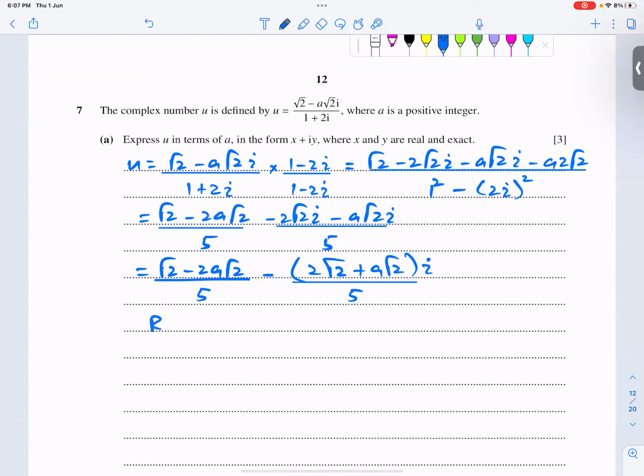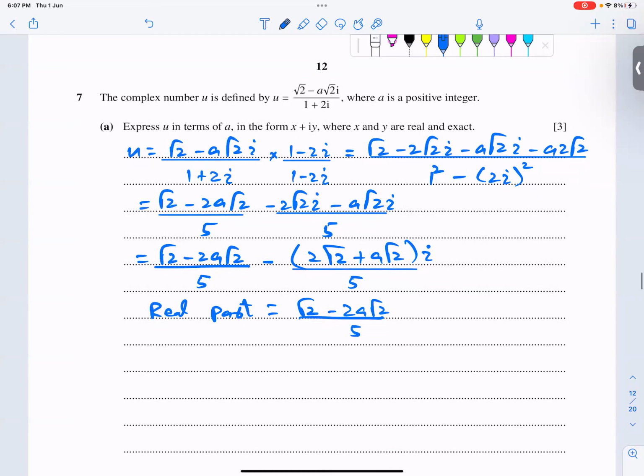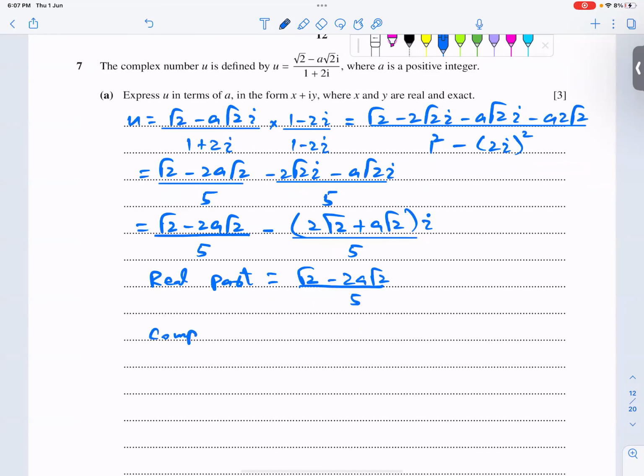So this will be in x plus iy form. Our real part is square root 2 minus 2a square root 2 divided by 5, and the imaginary part is minus 2 square root 2 plus a square root 2 divided by 5.